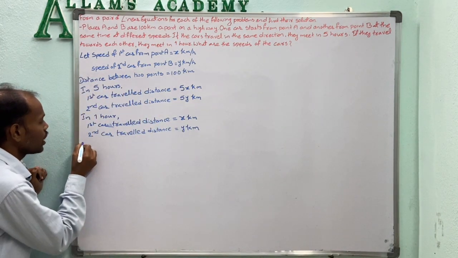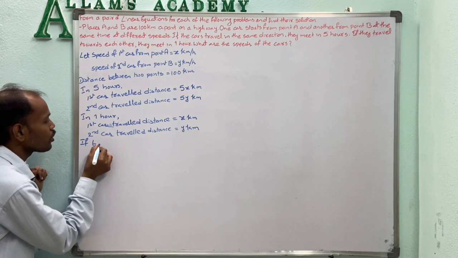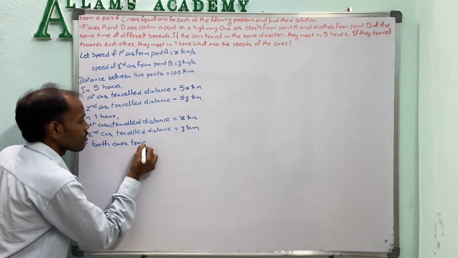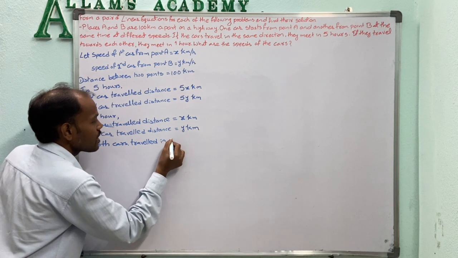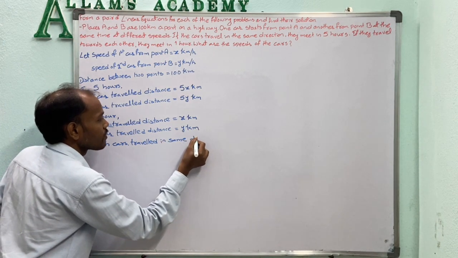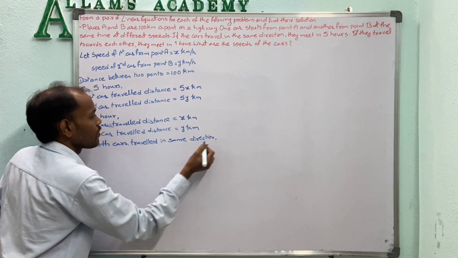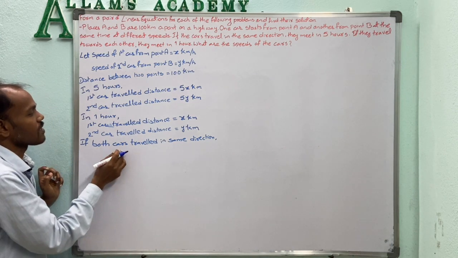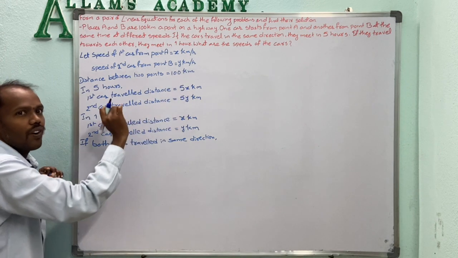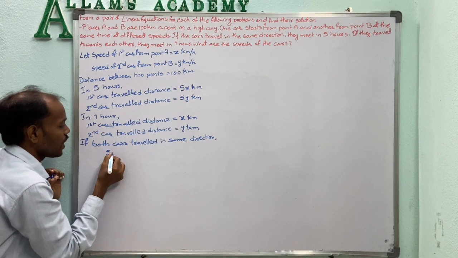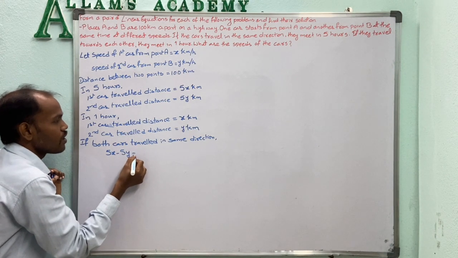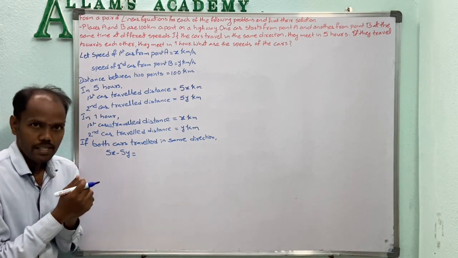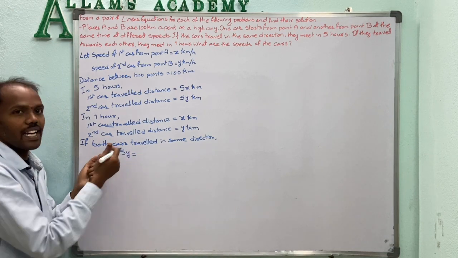So if both cars travel in the same direction, then the equation can be written as 5x minus 5y, because both are in the same direction, so the speeds are subtracted, and one car catches up with the other.